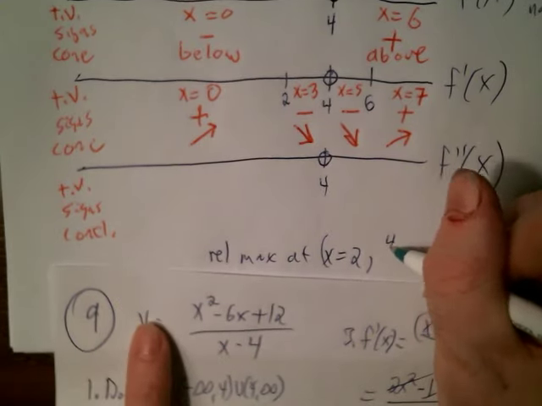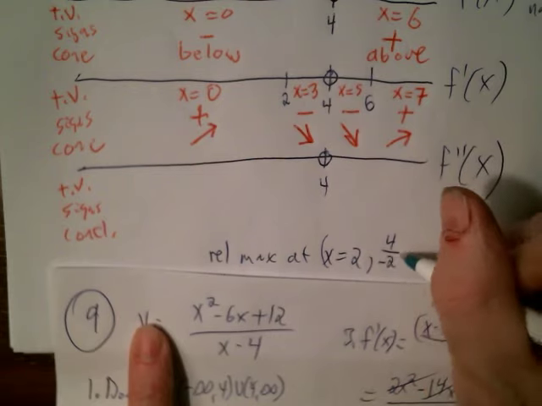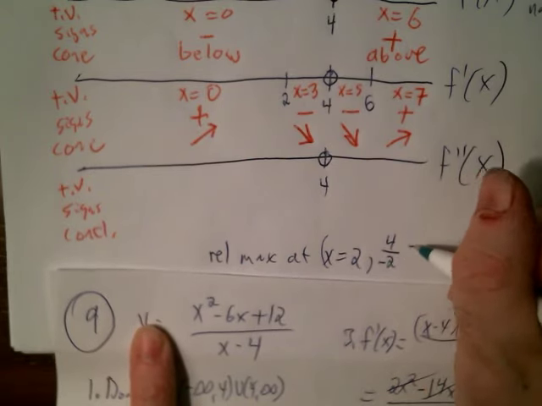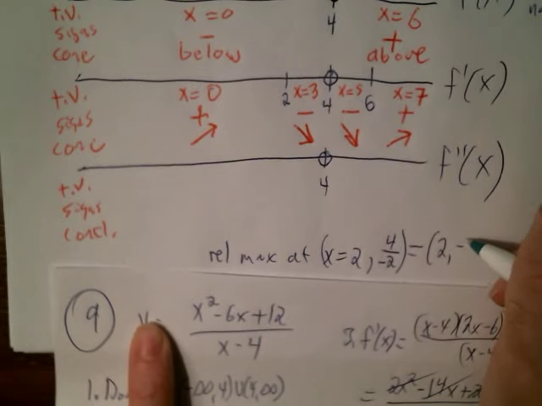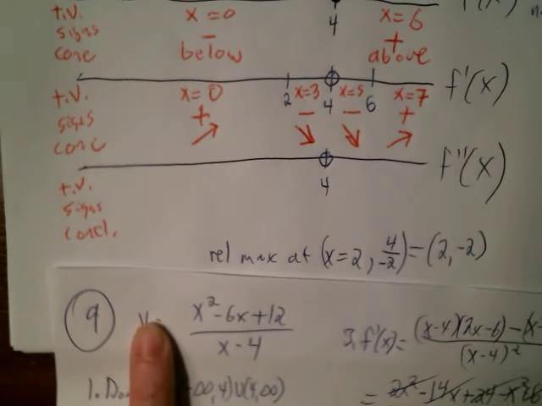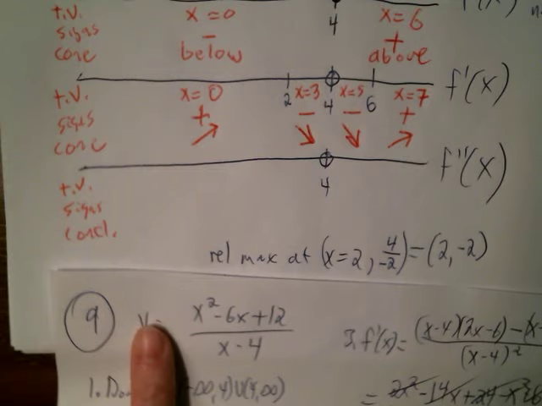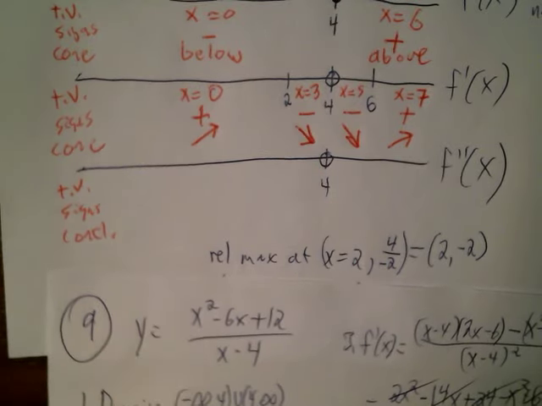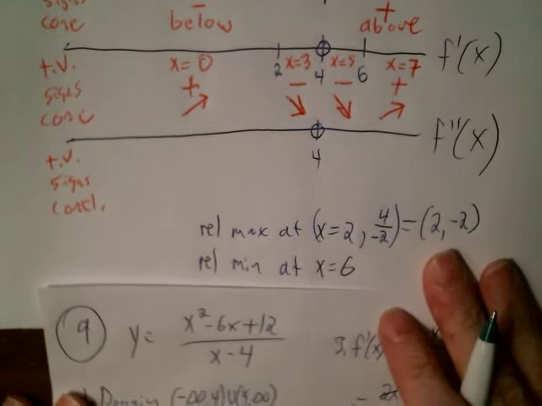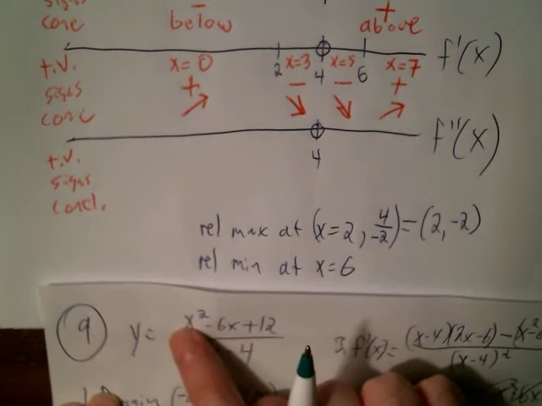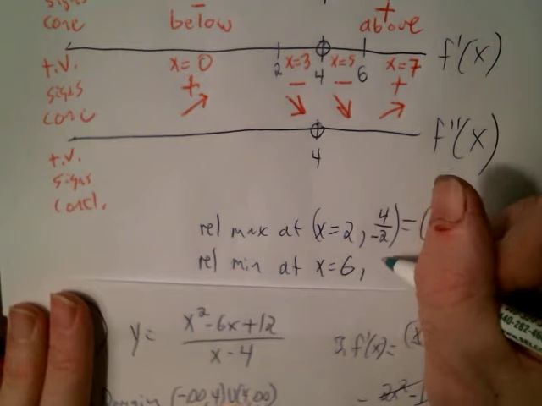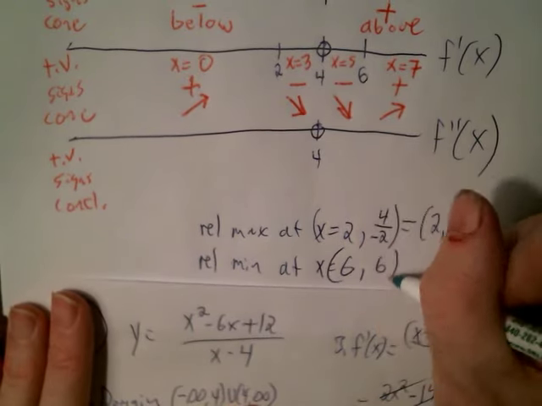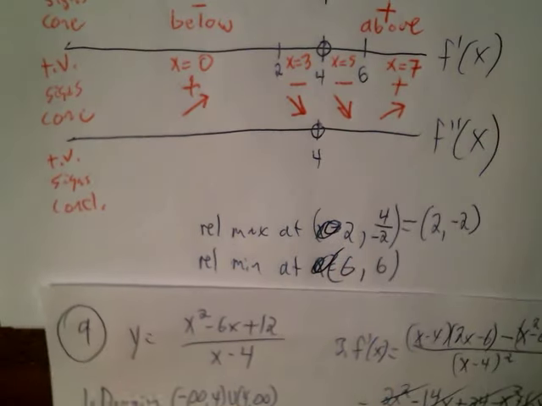So it's 4 all over negative 2, which tells us it's at the point 2, comma, negative 2. And then the relative min is at 6. So putting 6 in here, I get 36 minus 36 is 0, so 12 all over 2, which is 6. Okay, so its ordered pair is 6, comma 6.